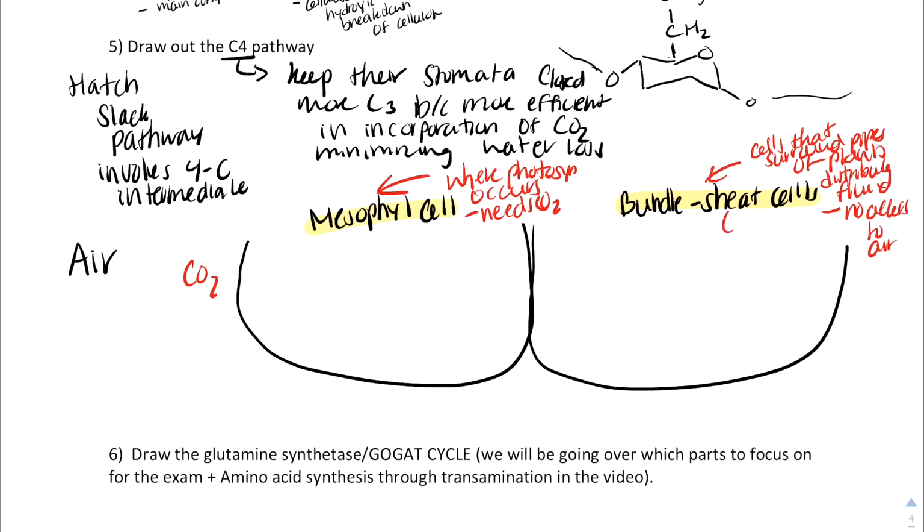So they're found a lot deeper. Okay? So we have CO2 coming in from the air. And this CO2 can only be fixed by PEP. And we'll talk about the differences between the CO2 and the CO2 that's found in the bundle sheath cells.